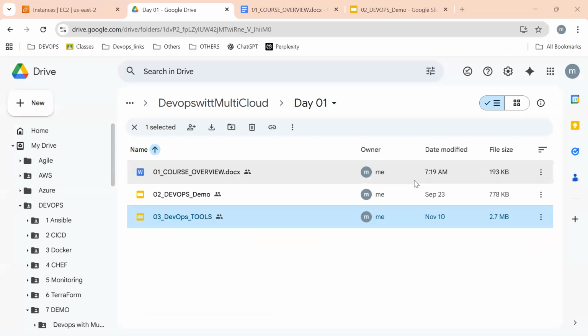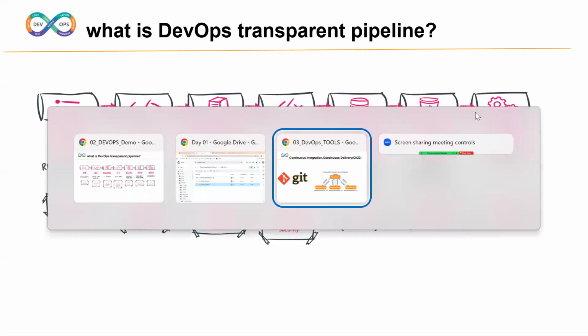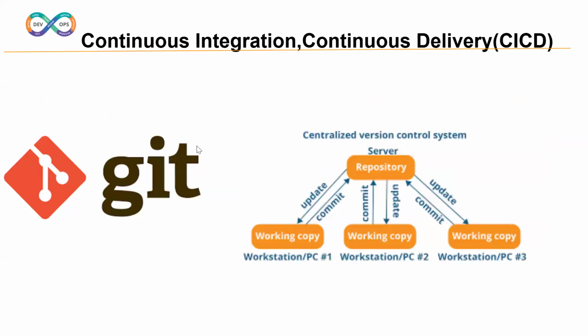So let us understand the flow of our implementation, how we are going to implement this DevOps transparent pipeline with the help of these tools. Let it start with Git, which is a version control.